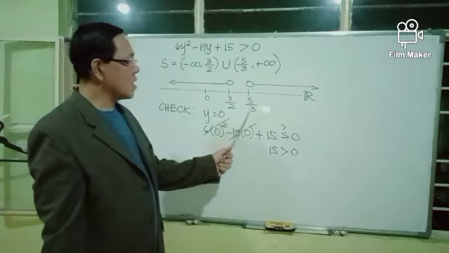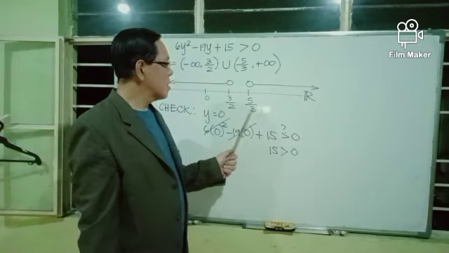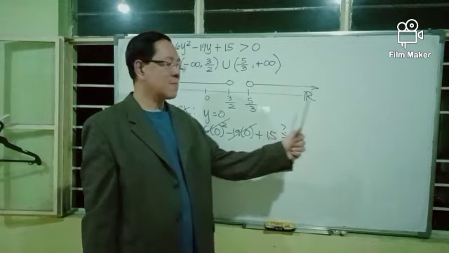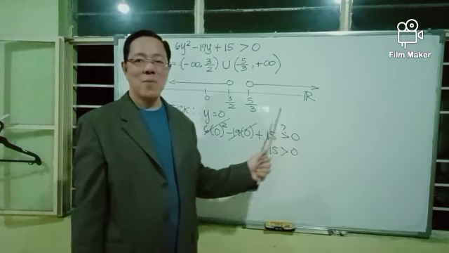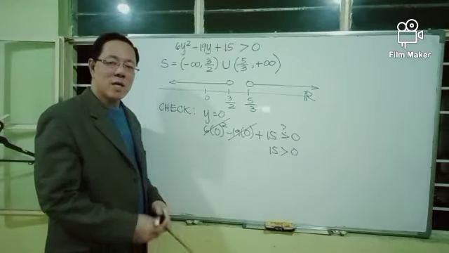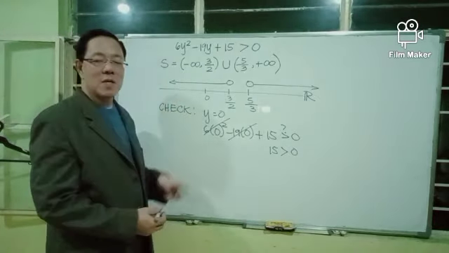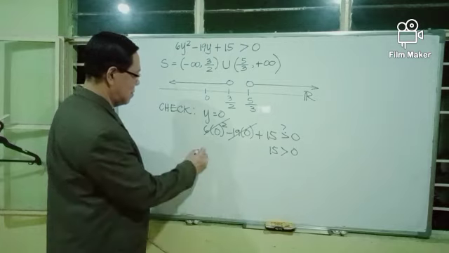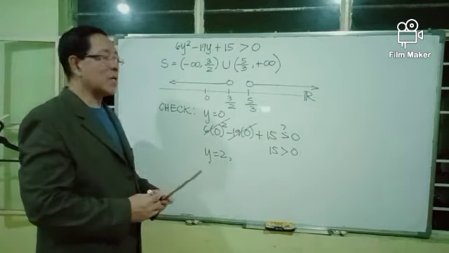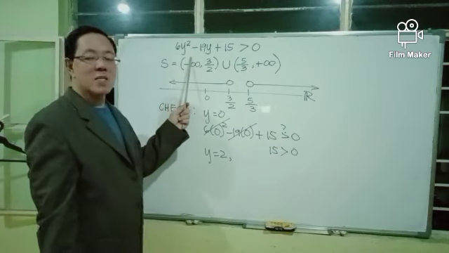Now, I will take a number greater than 5 over 3, any real number to the right of 5 over 3. I will take 2. I will let y equals 2. And we check if it is a solution. In the given quadratic expression, we replace y with 2.